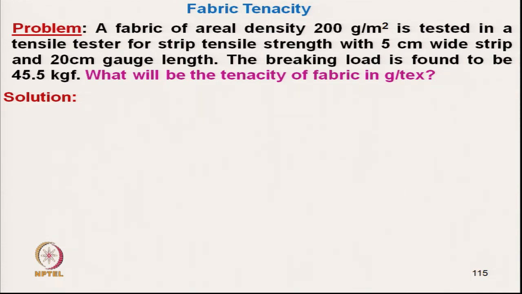if the width of the fabric changes, or if the mass per unit area changes, just to compare the fabric of different mass per unit area, the tenacity value is expressed in terms of gram per tex. Suppose for the same fabric, if I use instead of 200 gram per square meter, say 300 gram per square meter, the breaking load value will definitely increase, but we have to see whether the tenacity value is increased or not.